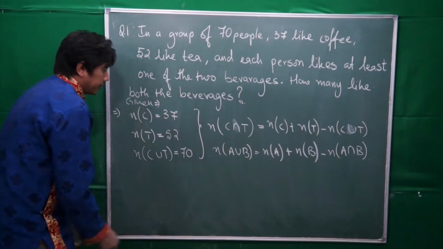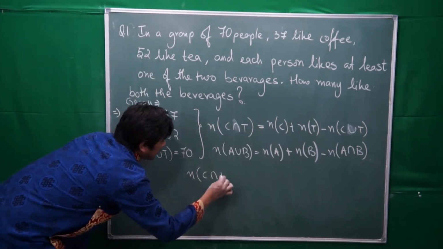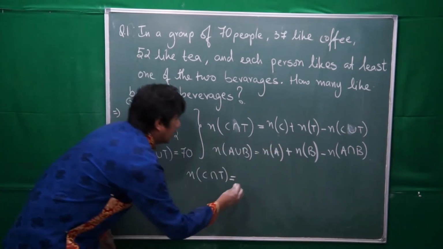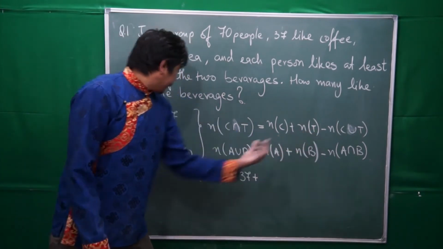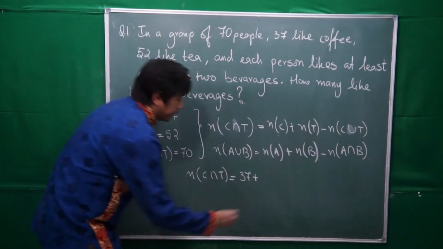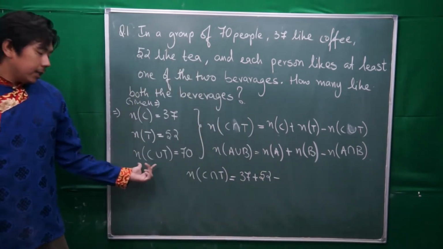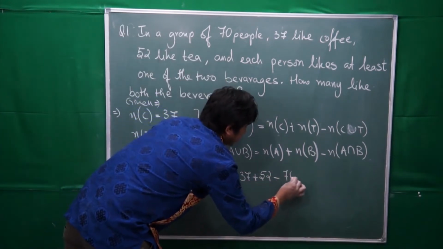Simple. So the number of people that like coffee and tea would be equal to the number of people liking coffee, 37, plus the number of people liking tea, how many? 52, and subtracted by the number of coffee union tea, which is 70 people.